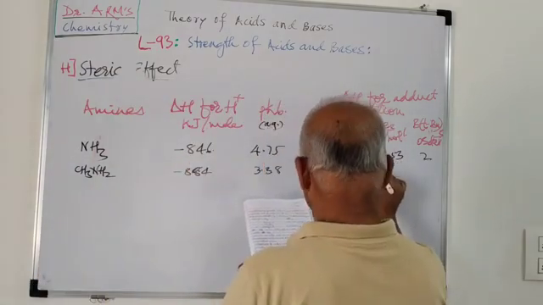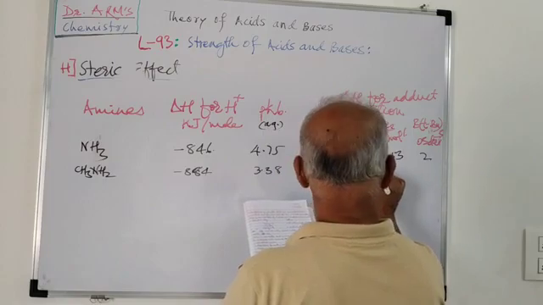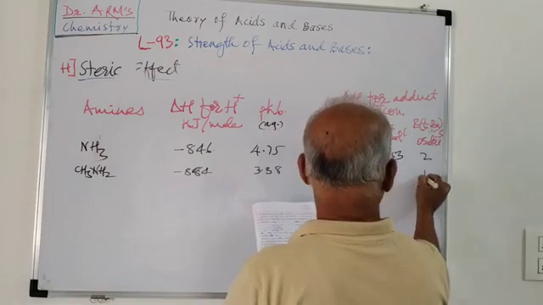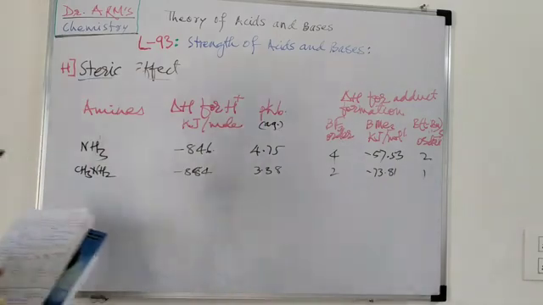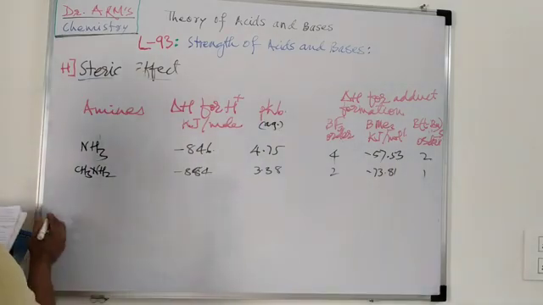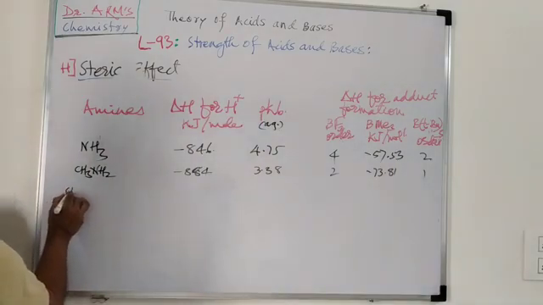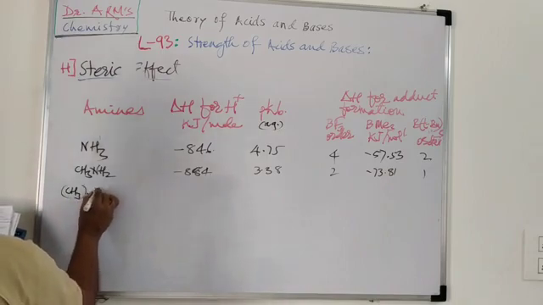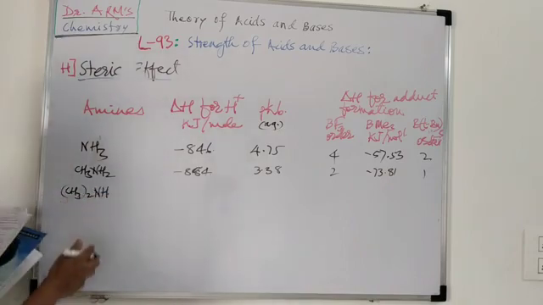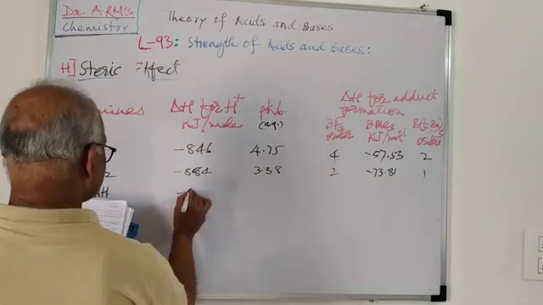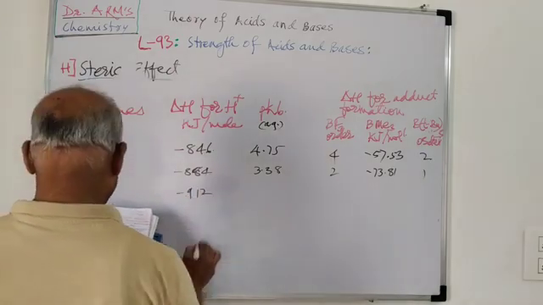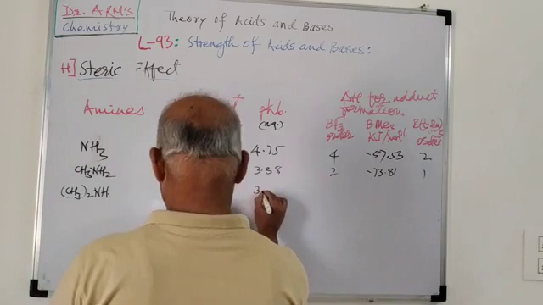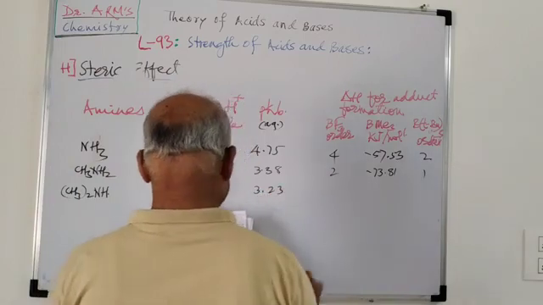Here it is minus 73.81, and this is first order. Then for (CH3)2NH, that is Me2NH, it is minus 912, 3.23.